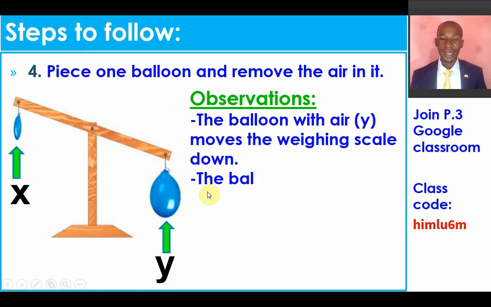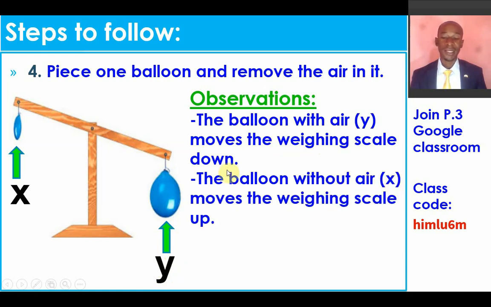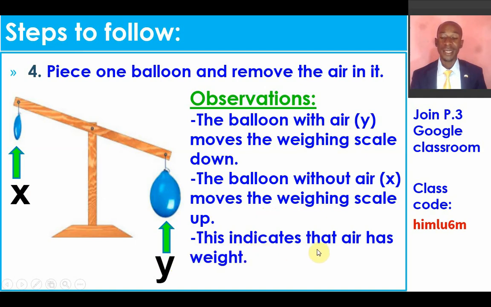Okay, next we are seeing that the balloon without air, that is balloon X, here, this one, moves the weighing scale up. Do you know why? This one we are saying is a balloon without air, and this one has air, balloon with air, that is balloon Y. So this indicates that air has weight.